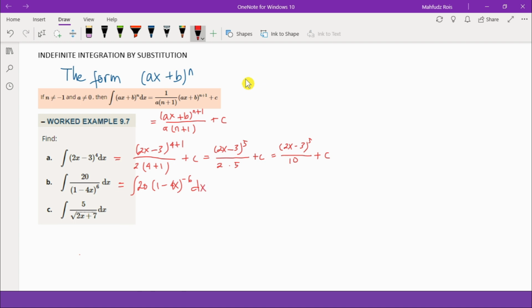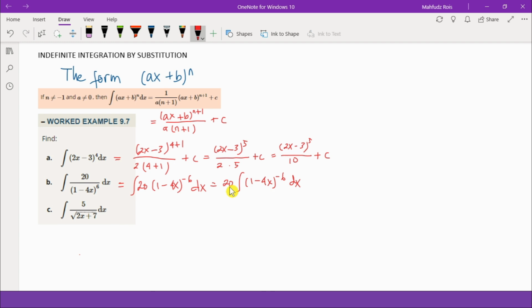So you have to change first into power form, and after that we can apply this. The difference between A and B here is we have 20 right here. Now this 20 is just like a constant, so we can just put it in front of the calculation. So we put 20 in front of it, and then the integral of (1 minus 4x) to the minus 6 dx, like this.